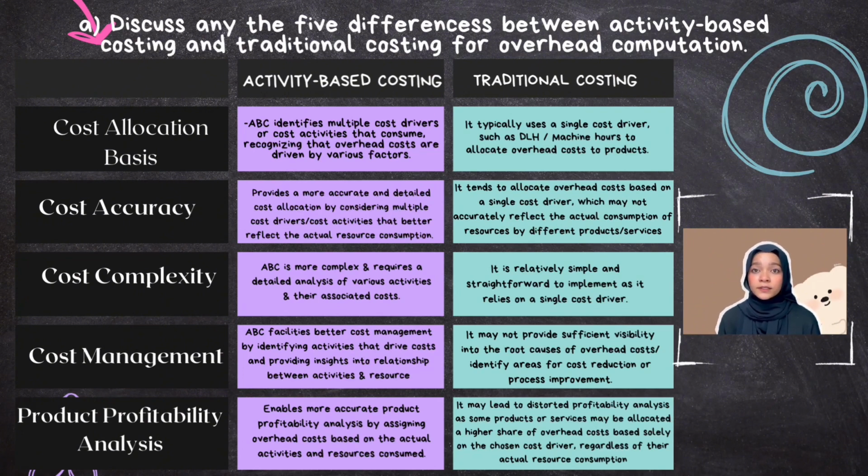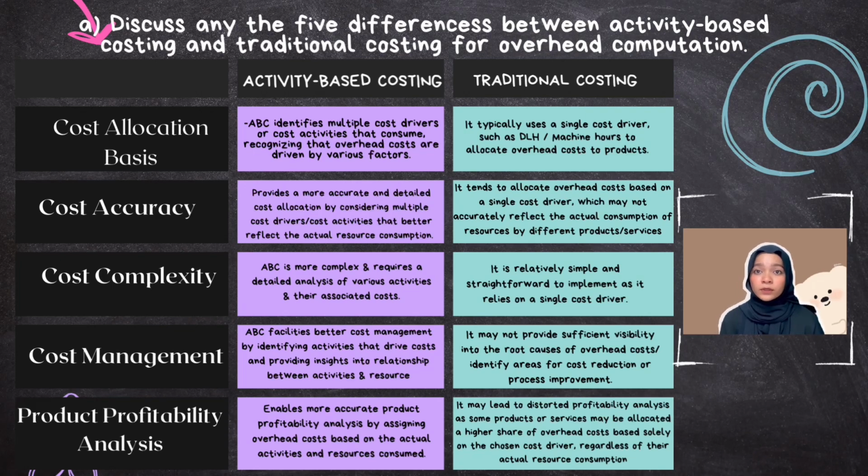Traditional costing tends to allocate cost based on a single cost driver, which may not accurately reflect the actual consumption of resources by different products or services. This can lead to distorted cost information and inaccurate pricing decisions.